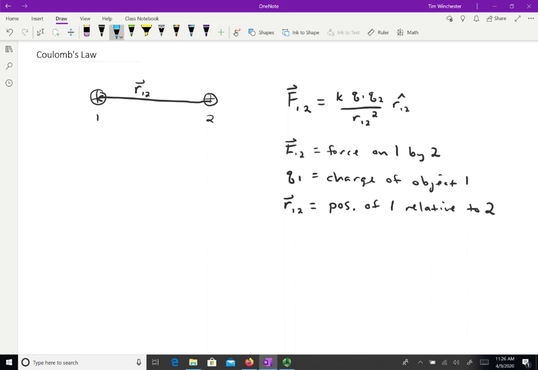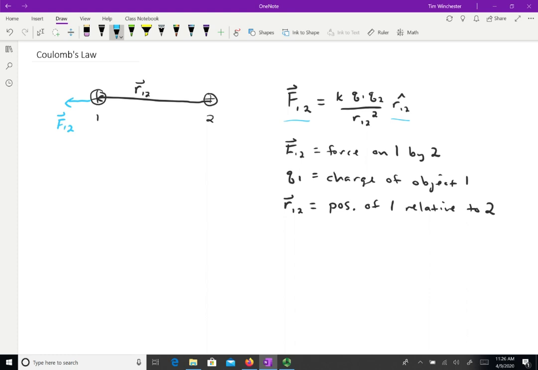So the force on 1 is going to be away, so to the left, like so. All right, so we can see in this case that R12 and F12 are in the same direction. Okay, so that's why the R12 hat is the direction that's associated with the F12 vector.